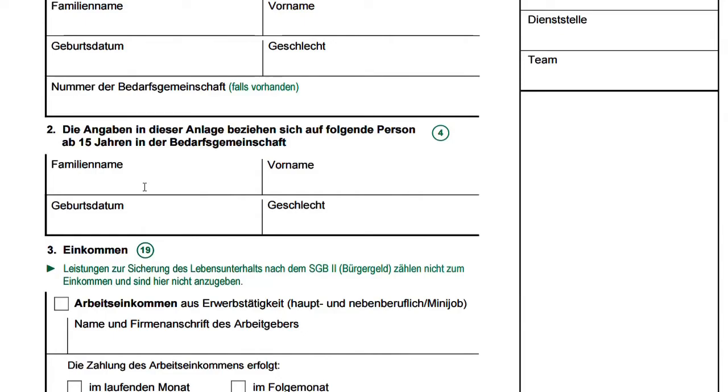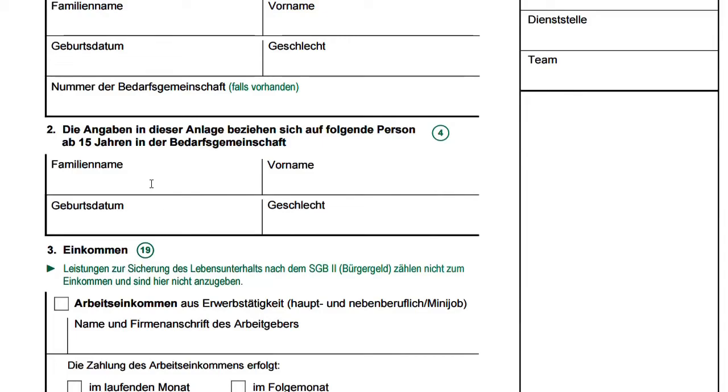And if another person who is 15 years old or above in your family works or has income, then you write the details about this person, and the rest of the form is also about this person who has income.